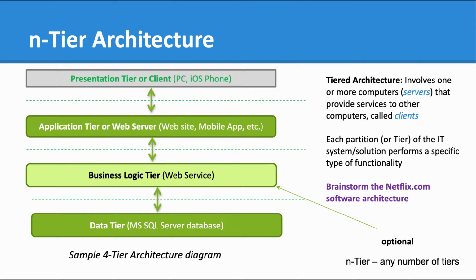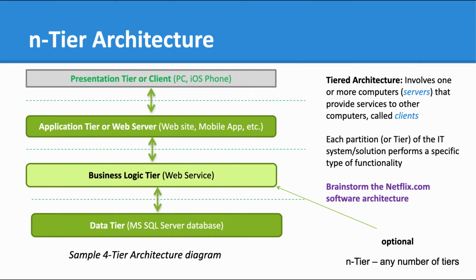Some ERP solutions might have you install a client, some type of software that runs on your machine, but then the database behind the scenes and some of the application logic might be hosted on a server that your computer connects to. So when we have that type of solution, we'll call it a two-tier application. So two tiers: the client tier and the server tier.